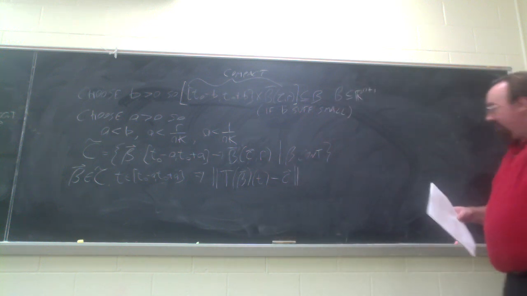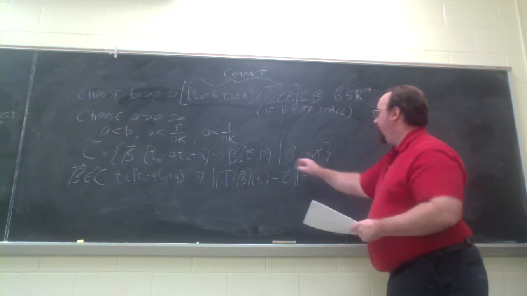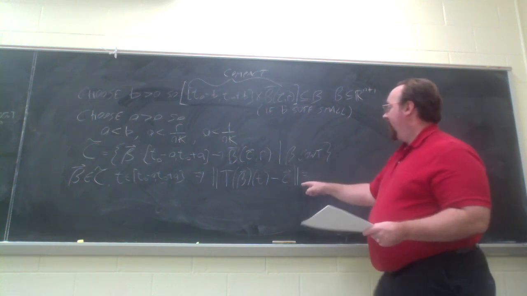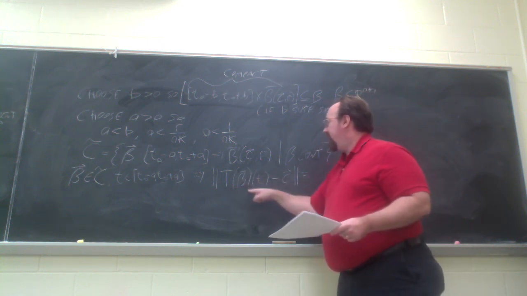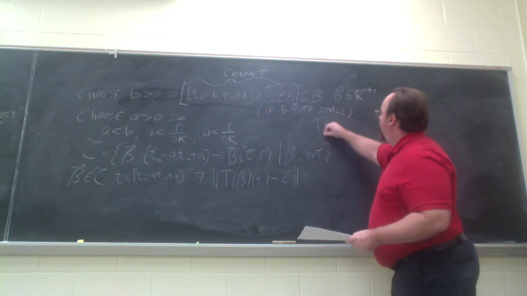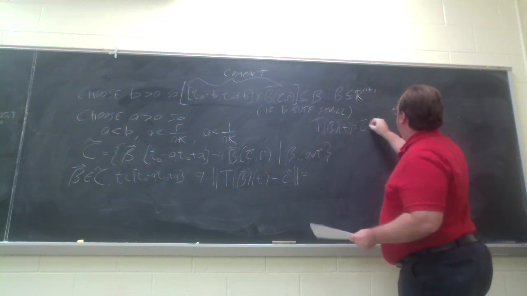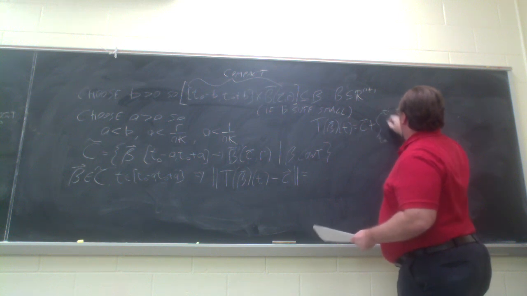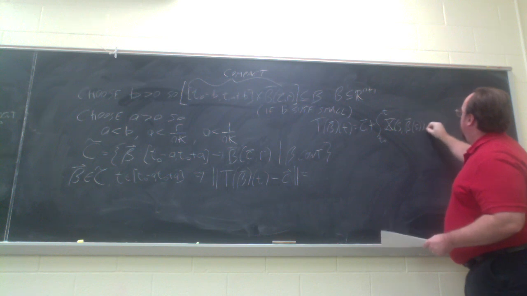Okay. So what I can do is, using the formula for the Picard iterate, well, C is in that formula, so that's going to cancel out. The only thing that's left, because recall, T beta is C plus the integral of X of s, beta of s, ds.